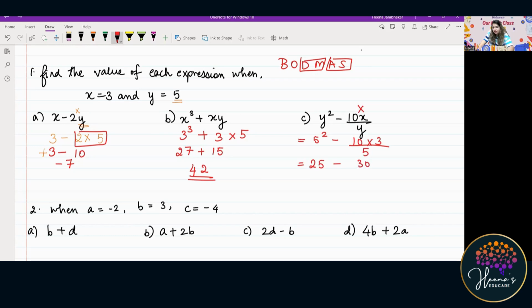It gives you 30 upon 5. Now see, you cannot do anything apart from D or M, right? Division or multiplication, whichever comes first. So you multiplied this and now you have to divide this and then you will have to subtract. So you have 25 minus, 5 sixes are 30, so 25 minus 6.